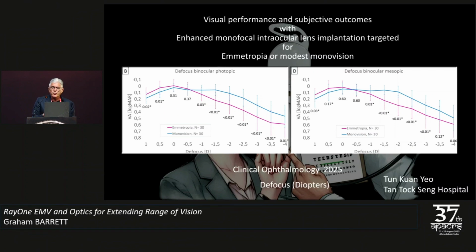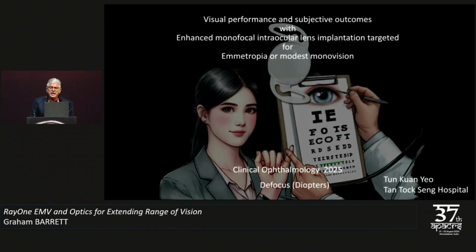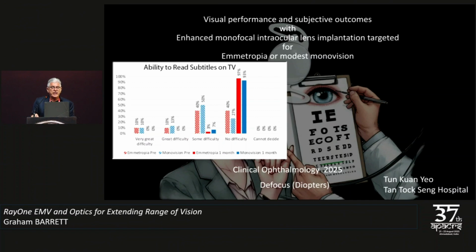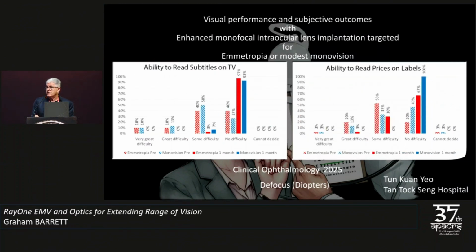They also did a CAT-QUEST-9 questionnaire, and this shows that over 90% of patients were able to read both small print for labels and also subtitles without glasses. So very good unaided vision. And even when it comes to reading labels, it's 100% with modest monovision and EMV. It's still pretty good for emmetropia in both eyes, 67%.